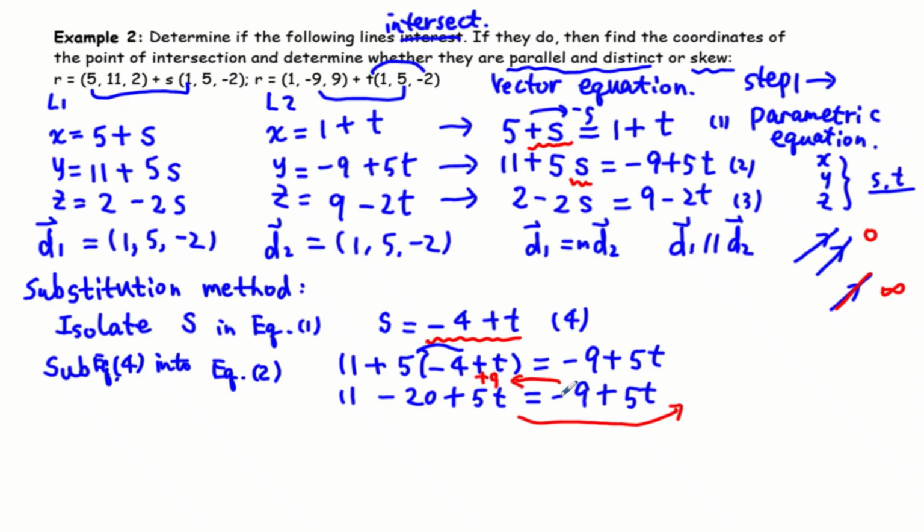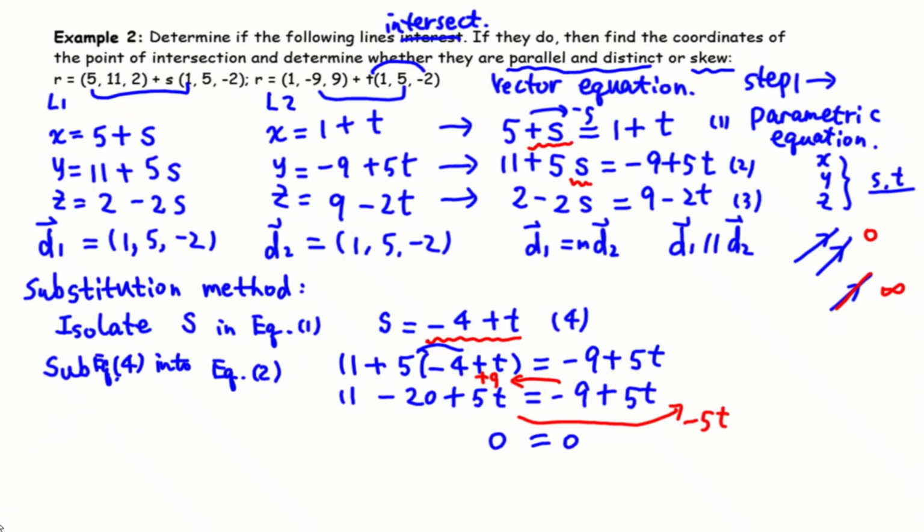So opposite operation will be plus 9, and for 5t the opposite operation is minus 5t. Then we are going to have 11 plus minus 20 plus 9 give us 0. The right side 5t minus 5t is 0. So it means you have infinite points of intersection for this equation 1 and equation 2.